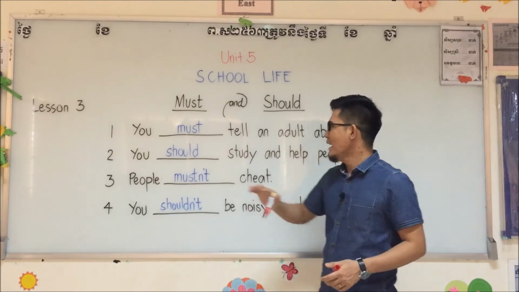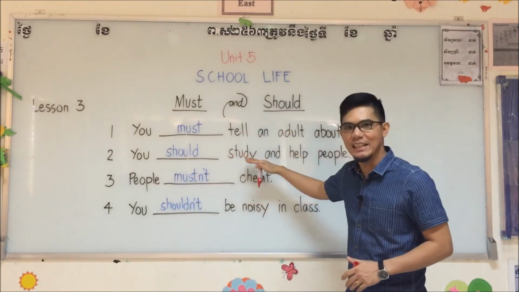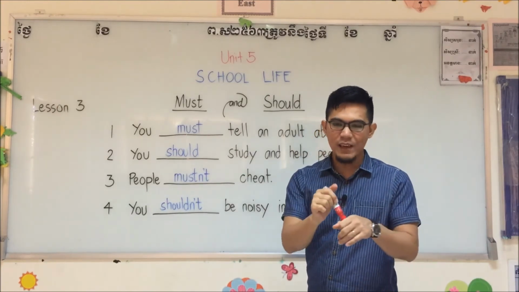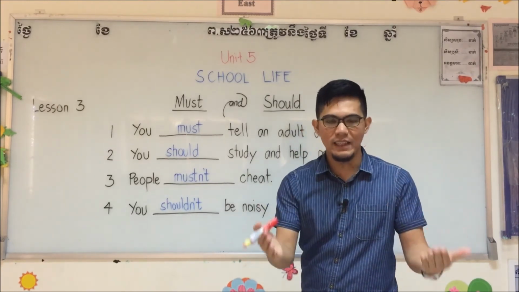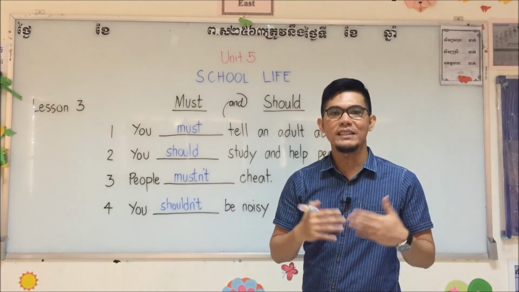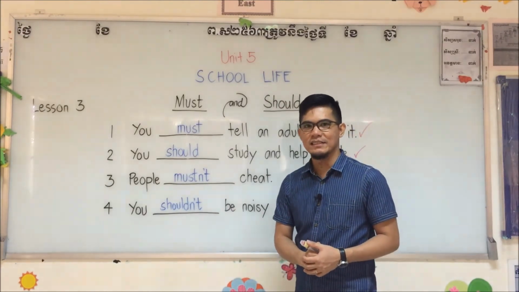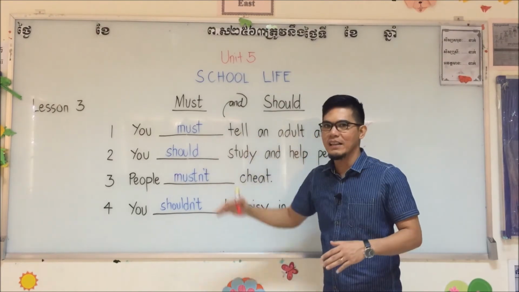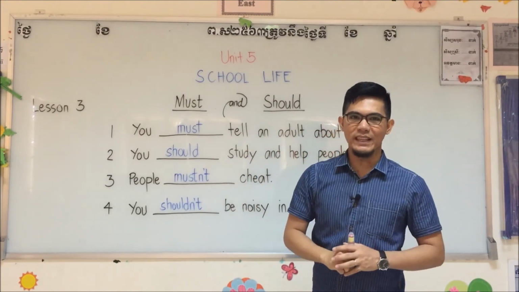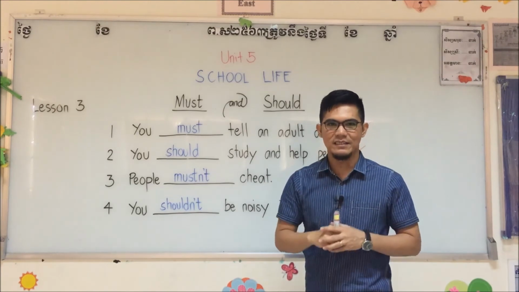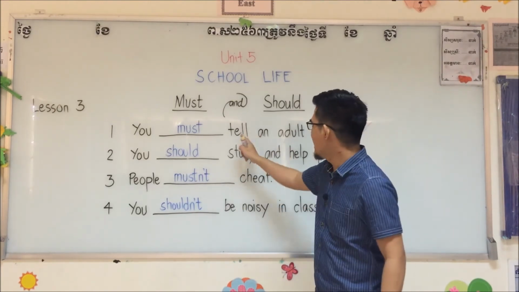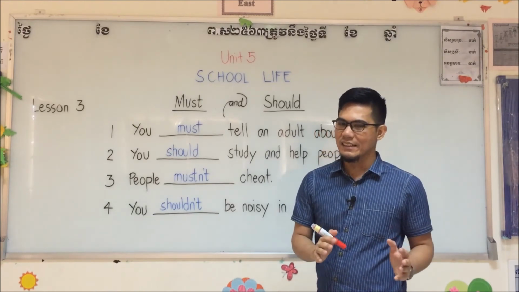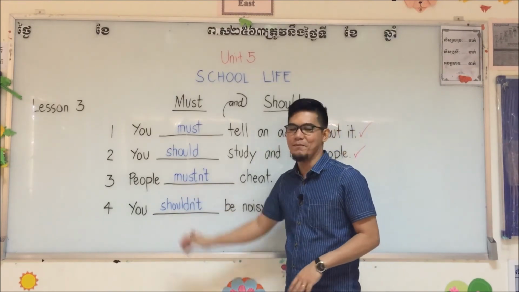You should study and help people. That's advice. You give a strong recommendation, and it's a positive advice. But here, for number 1, you give a strong obligation. You must tell an adult about it. Got it? Okay, we move on.